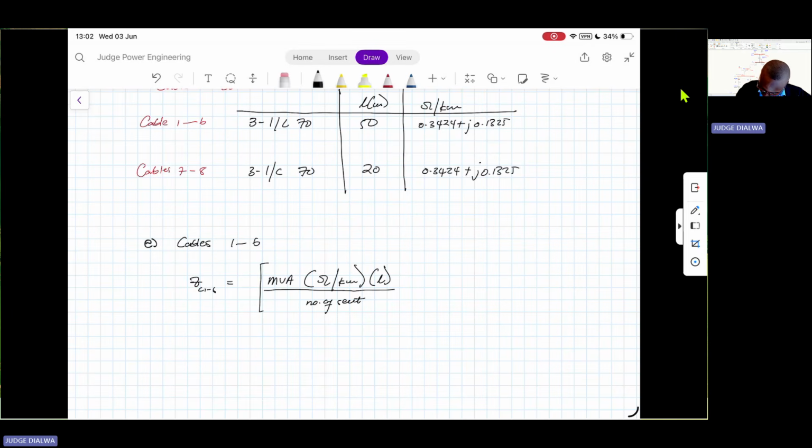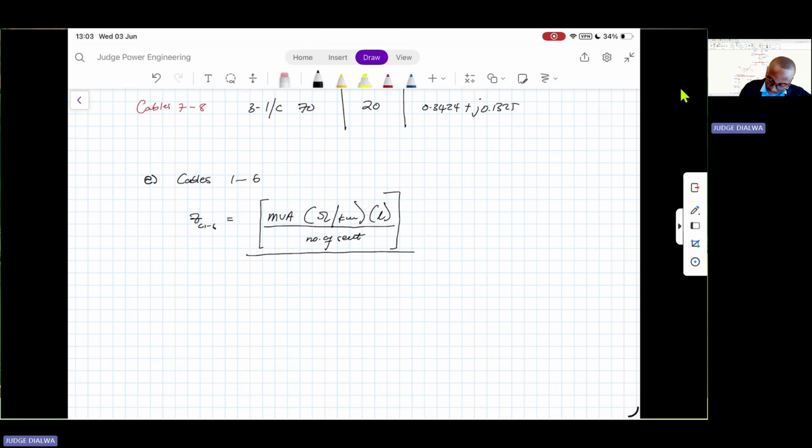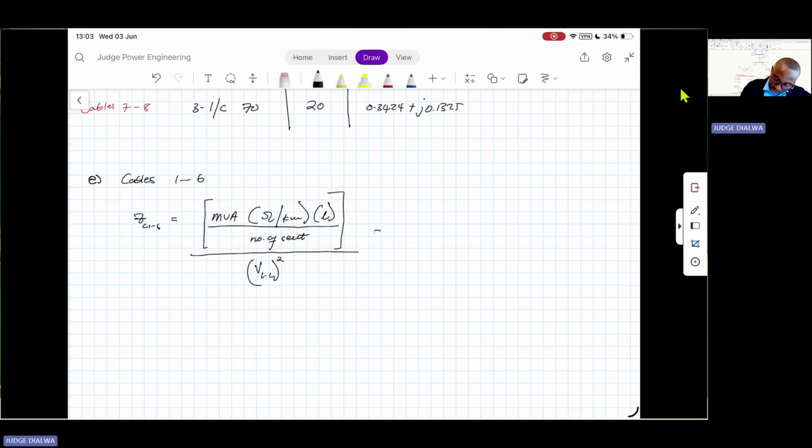And then all this will be divided by our line-to-line voltage, or the voltage of the bus that they are connected to, squared. So that means for cables 1 to 6, this is how it will look.